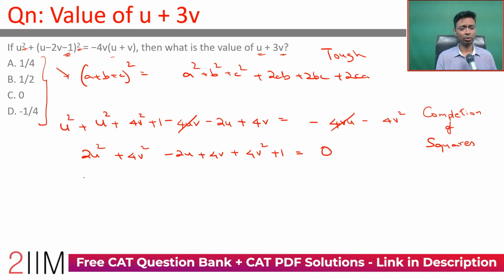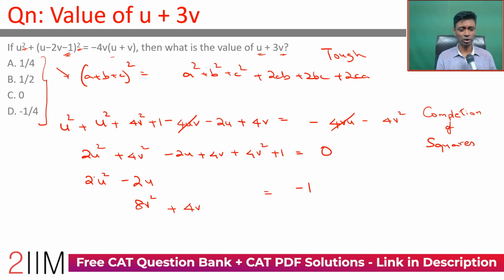Fine. Now think about this. So let's carve out the u together. So it is 2u square minus 2u. Let's carve out the v together. 8v square plus 4v. Added together, these add up to minus 1. So 8v square is not anything square. Fine. 2v the whole square is 4v square. u square is root 2u the whole square.